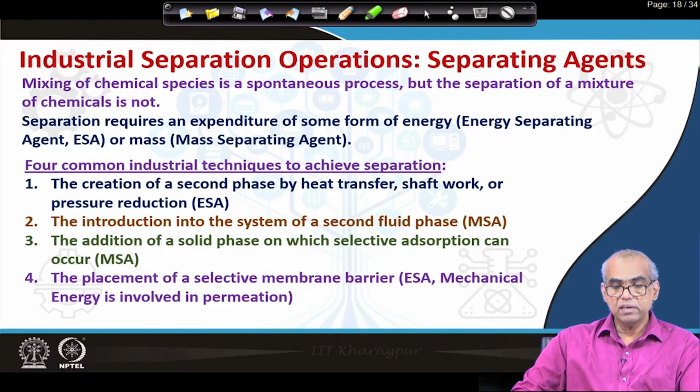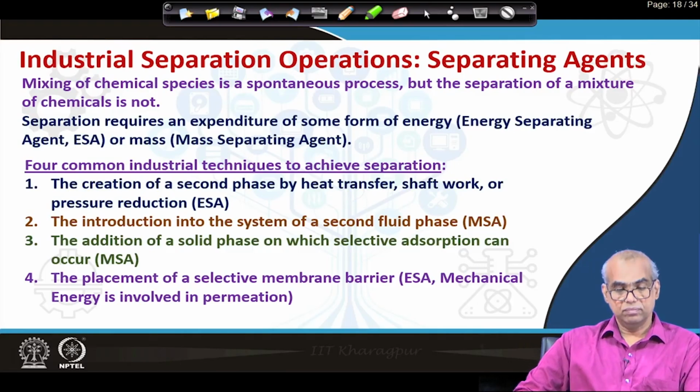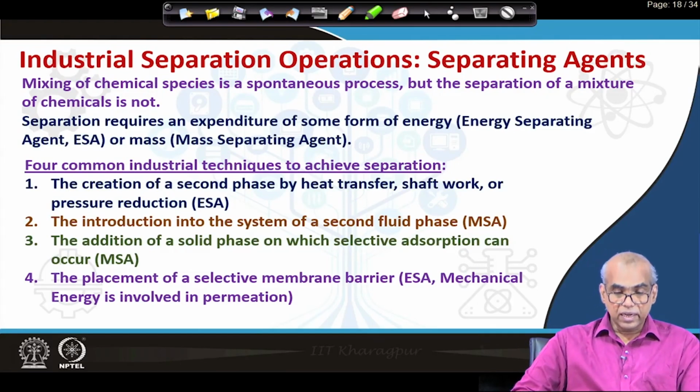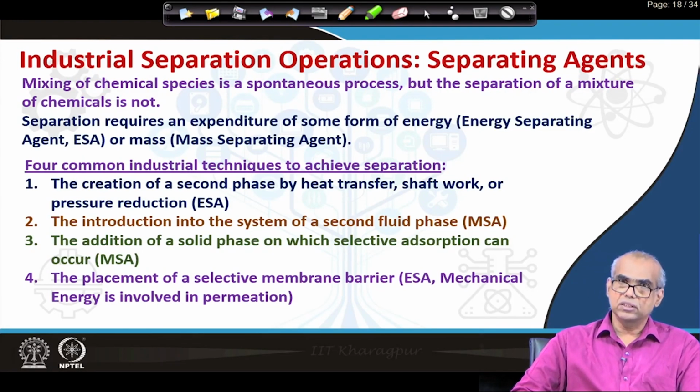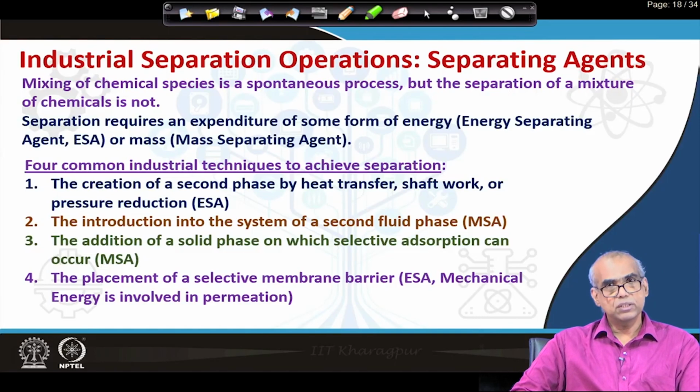4 common industrial techniques are there to achieve separation. First, the creation of a second phase by heat transfer, shaft work or pressure reduction. So, this is an example of energy separating agent. For example, distillation process, cooling crystallization, where we introduce energy.